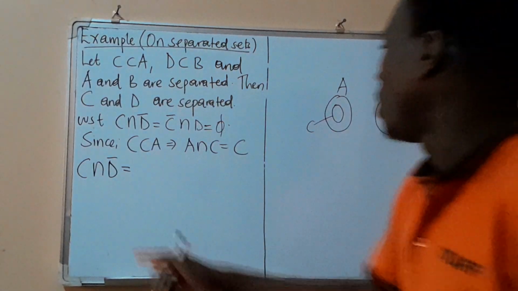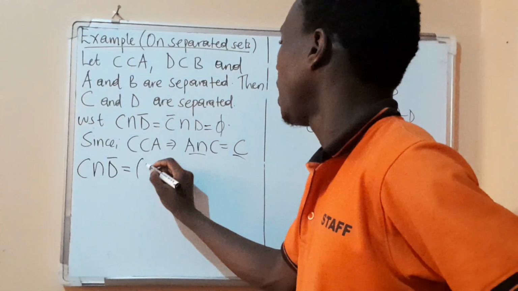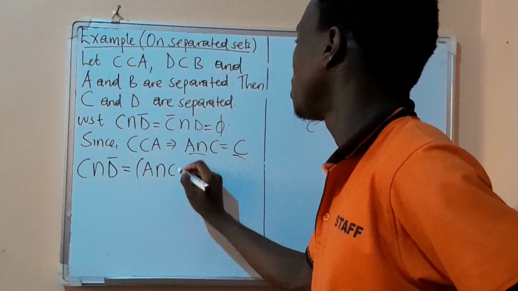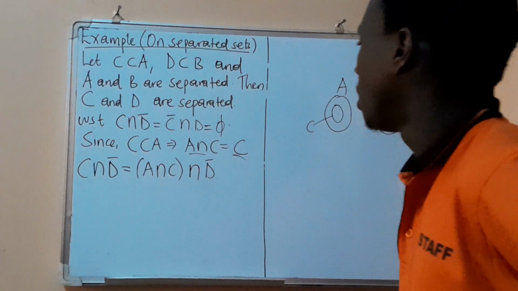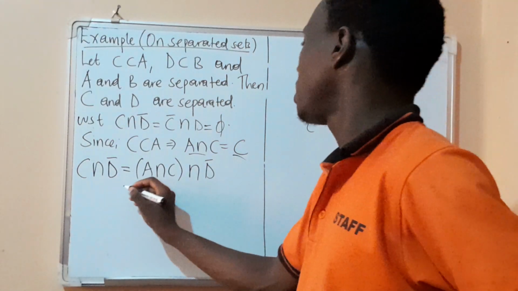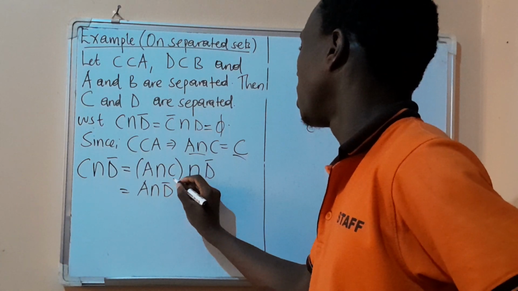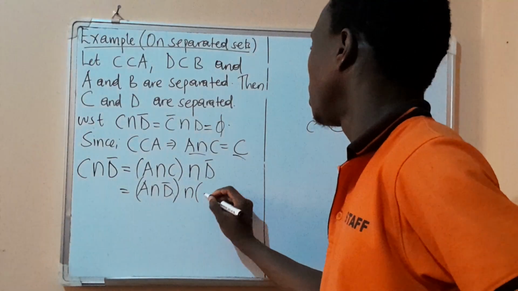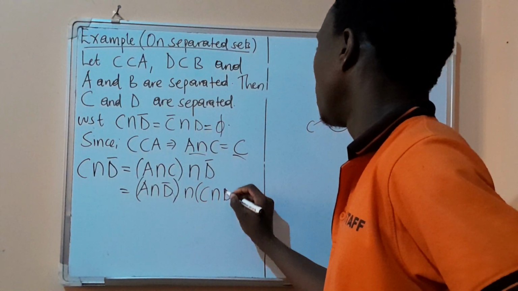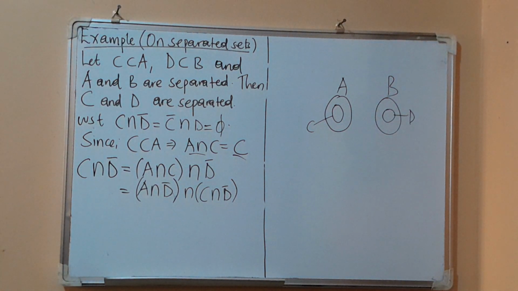So this is equal to, where there is C, I'm going to substitute A intersection C. So this is A intersection C intersection D closure. By distributive laws of intersection, this is actually equal to A intersection D closure, then intersection C intersection D closure.